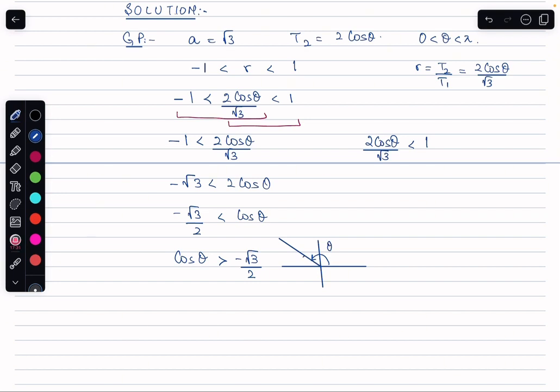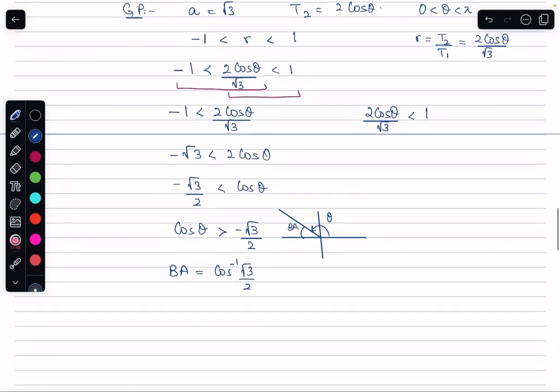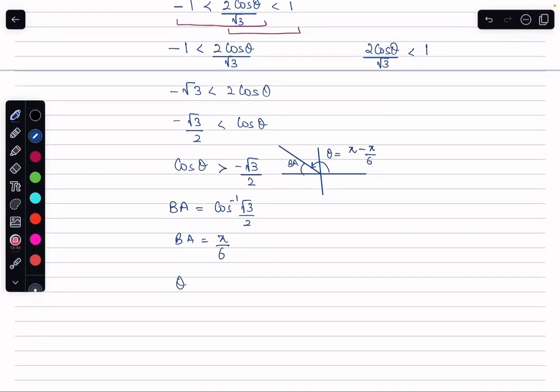To find this theta value, first I need the basic angle with respect to the x-axis, which is cos inverse of under root 3 by 2, that will give me pi by 6. The general angle theta is then pi minus pi by 6, so my theta value comes out to be 5 pi by 6.